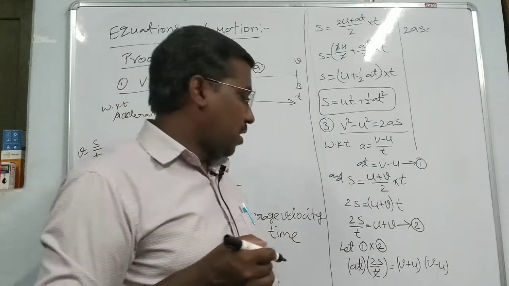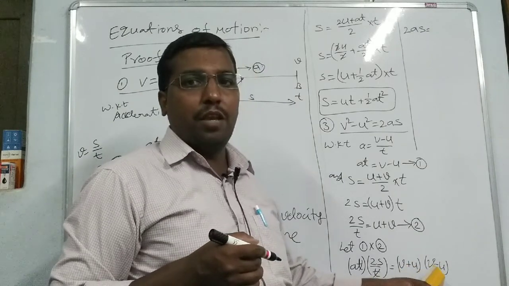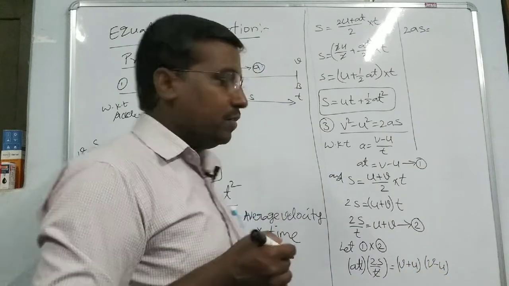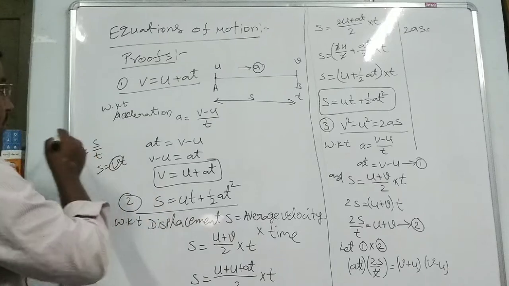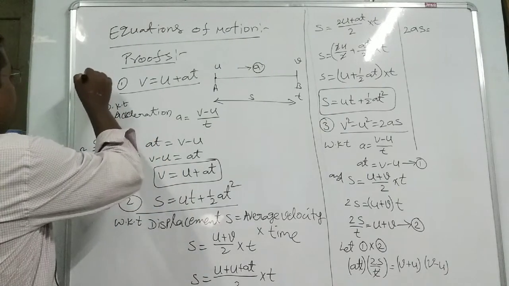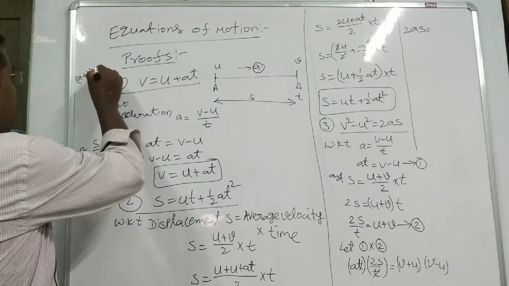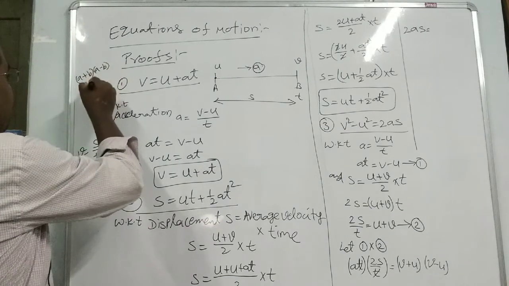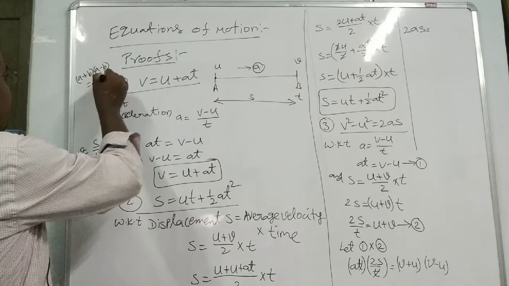This is the formula a plus b into a minus b, which equals a square minus b square.